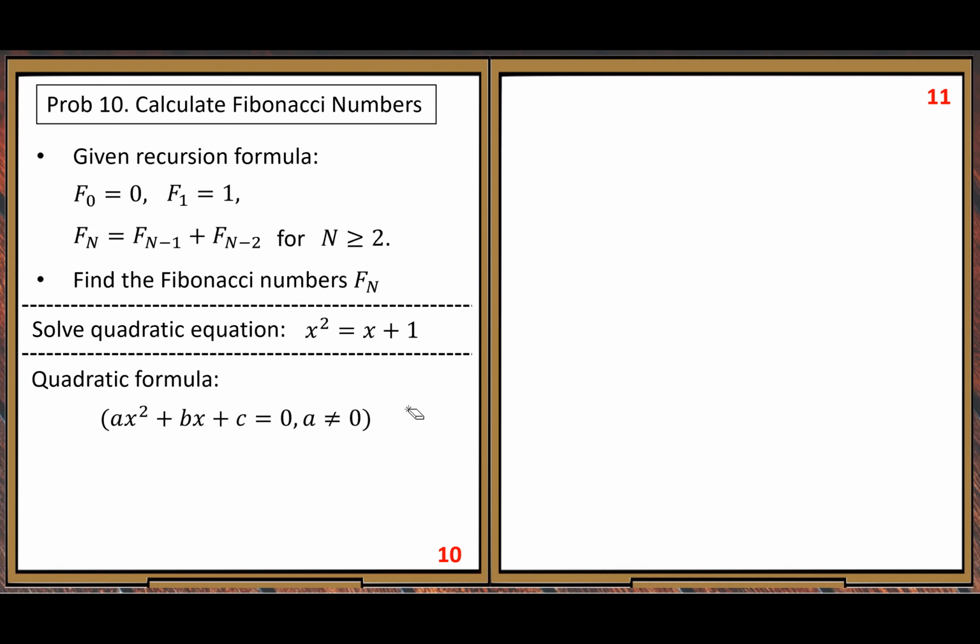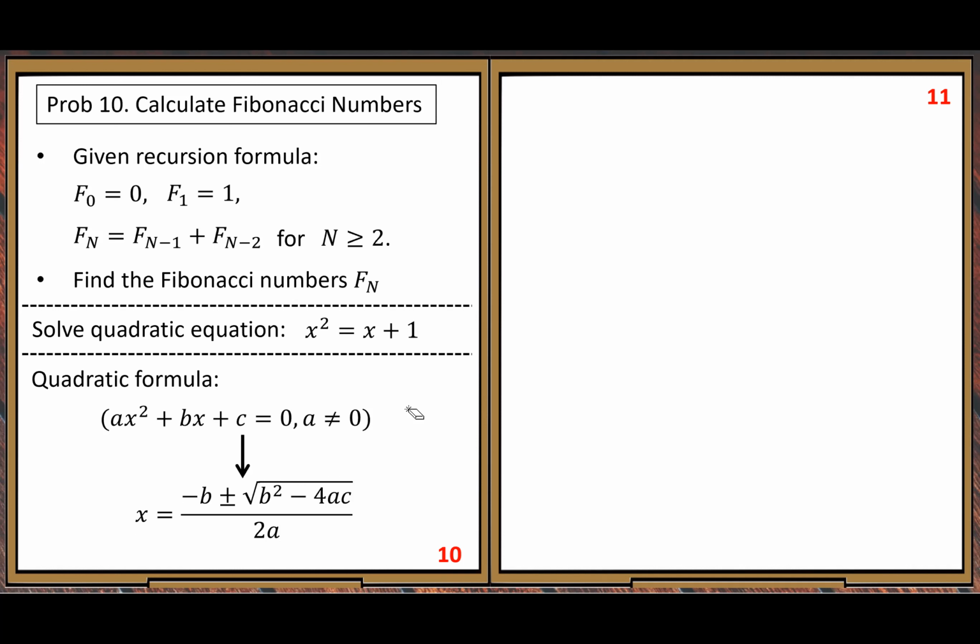Let us look at this quadratic formula. For the standard quadratic equation, ax squared plus bx plus c equals 0, a must be non-zero. Otherwise, it won't be a quadratic equation. It will be a linear equation. Then the formula is this.